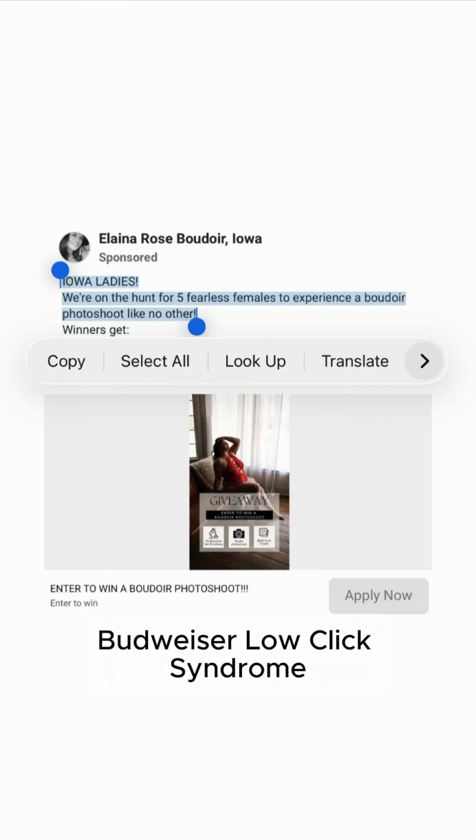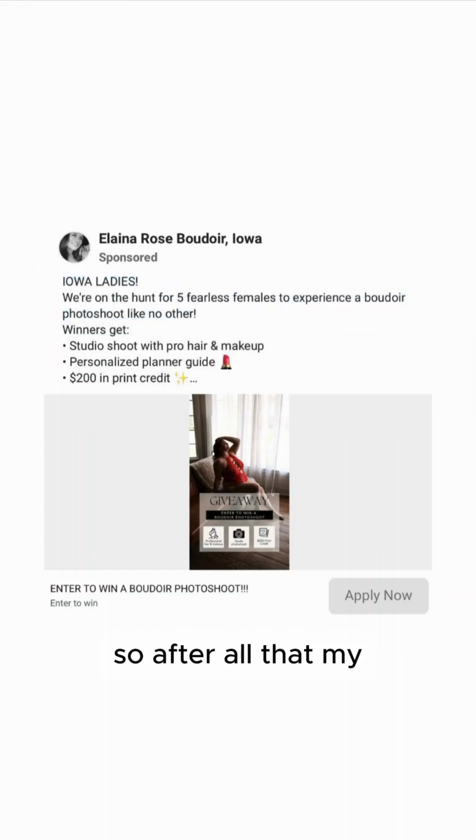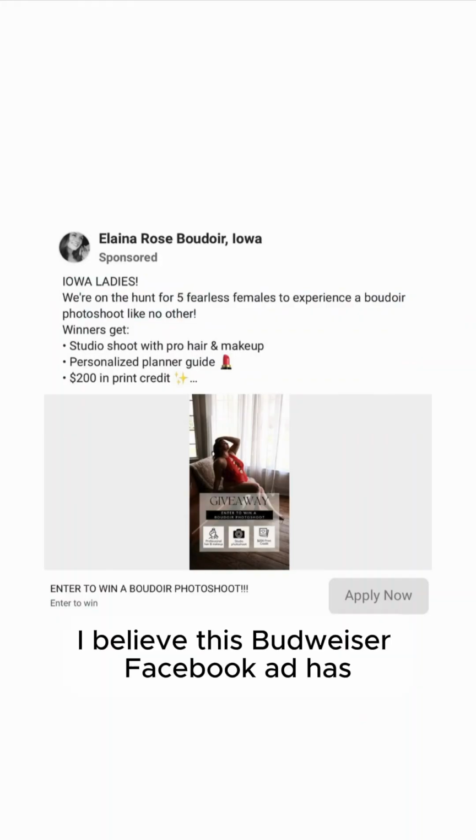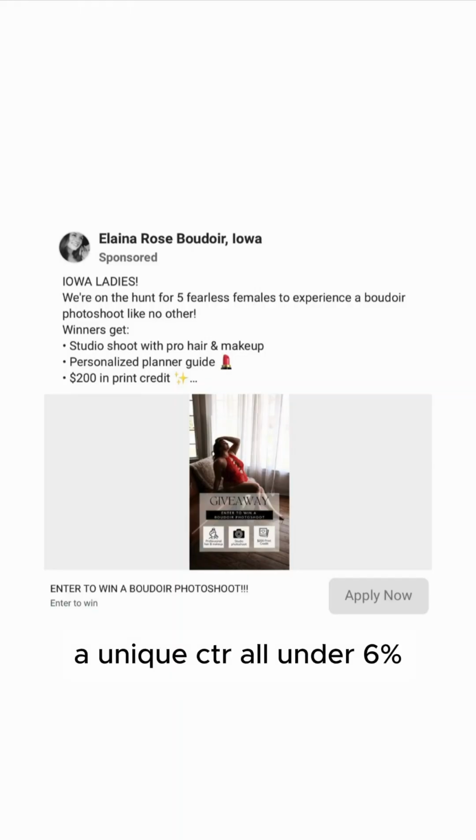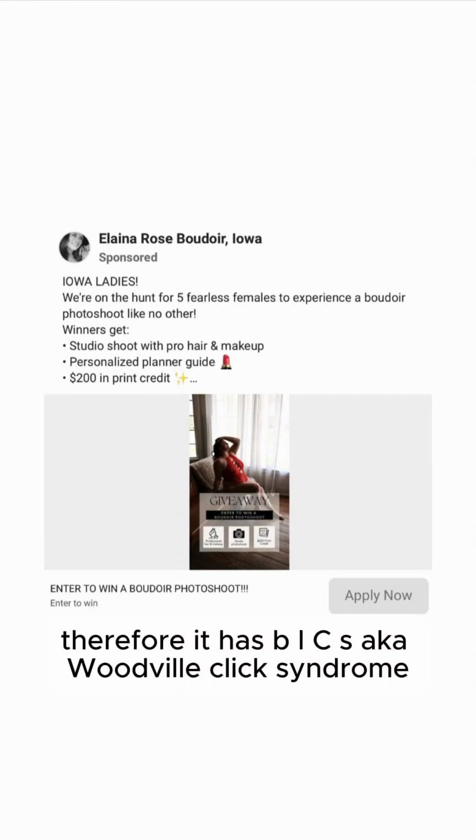Boudoir low click syndrome. So after all that, my diagnosis is I believe this Boudoir Facebook ad has a unique CTR under 6%. Therefore, it has BLCS, aka Boudoir low click syndrome.